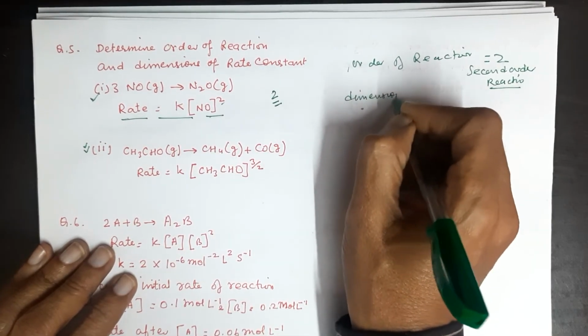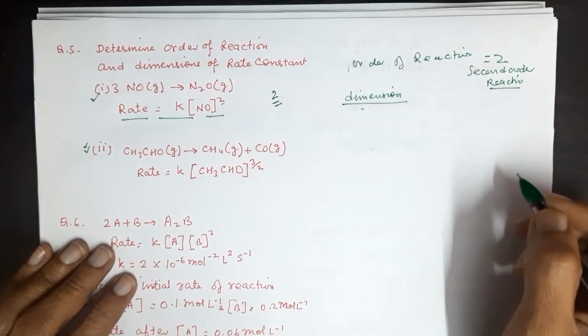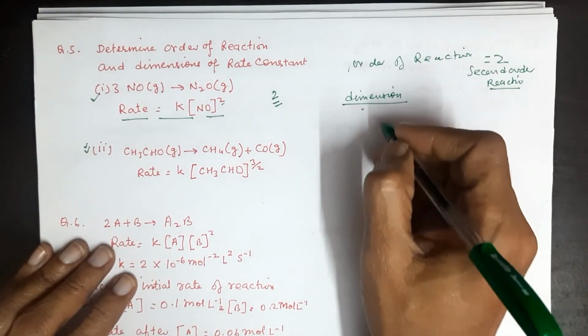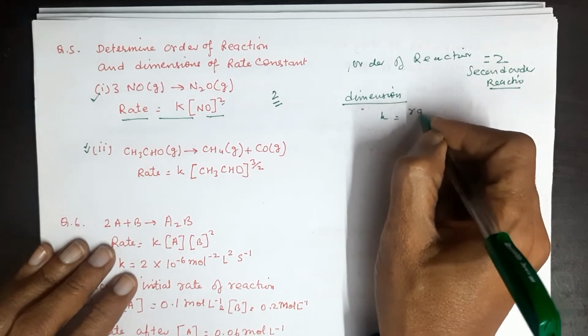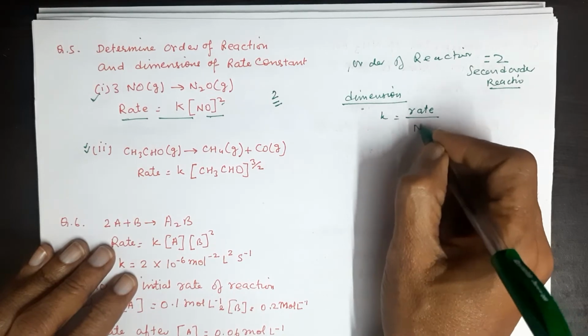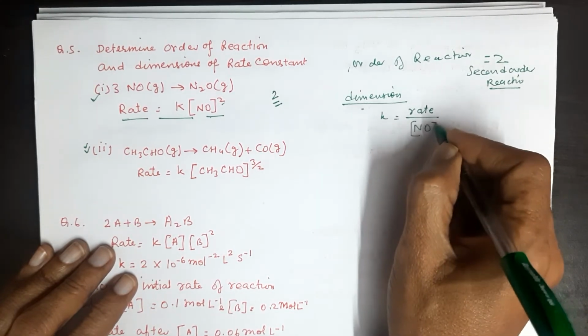How will you calculate the dimension of the rate constant? That will be K is equal to rate divided by [NO] squared.